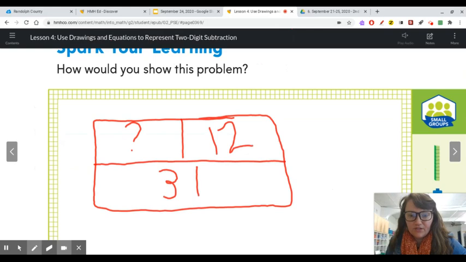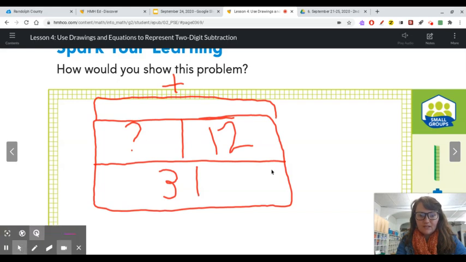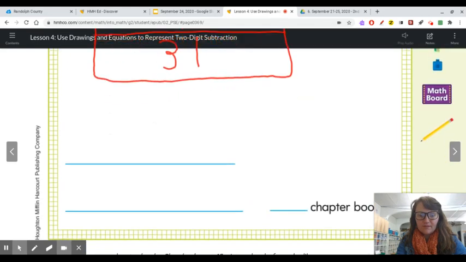So now we have to figure out what this missing number is. Remember, we have to either add or we probably have to subtract because we don't have any way of finding this out without using subtraction. Okay, so down here, remember you can pause the video at any time.